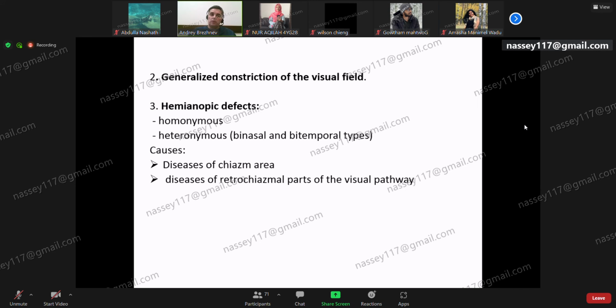The next large group of visual field disorders is the so-called generalized constriction of the visual field. Also associated with disease of the optic nerve, also associated with glaucoma. We can see constriction of the peripheral visual field borders in most or in all the meridians.